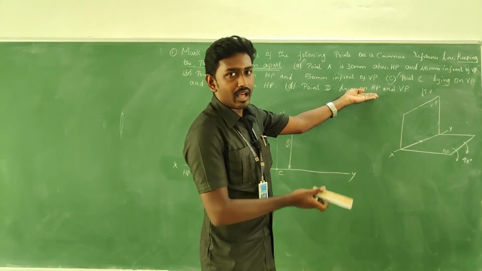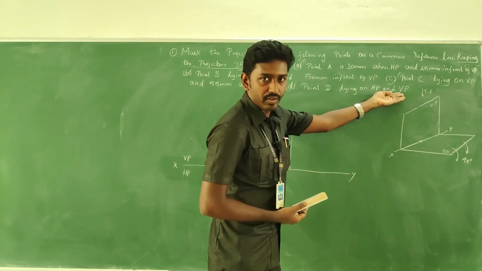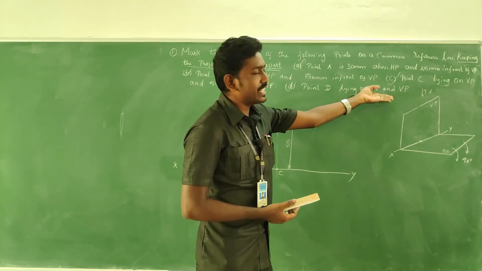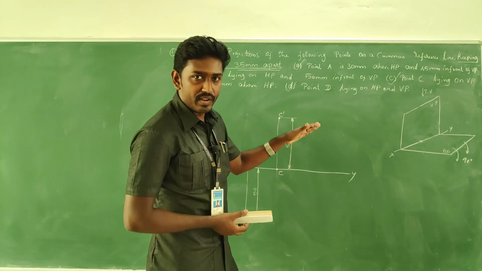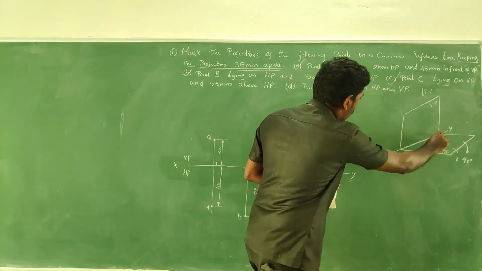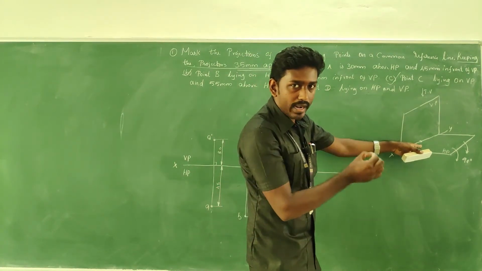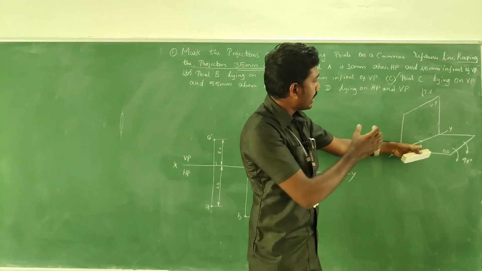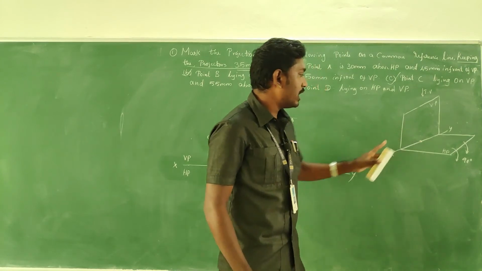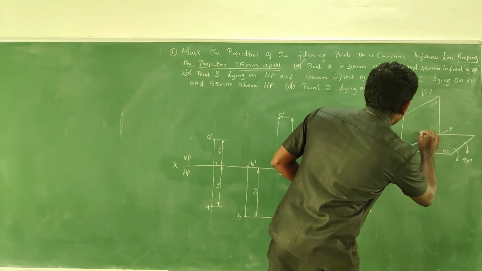It is not mentioned how much it is vertically placed and how much it is in front. It is just on HP and on VP. So commonly, how do we place the point? Something like this. So this is your point D.